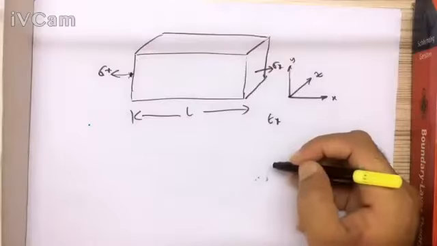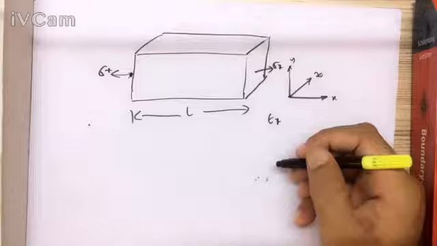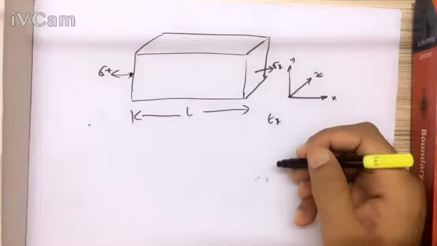Now my question to you is, do you really think that there will be stress only in x direction? Do you really think that there will be strain only in x direction because of the stress in x direction?